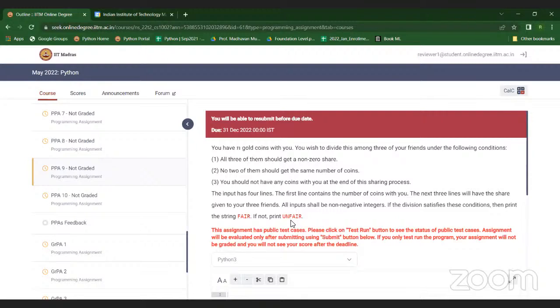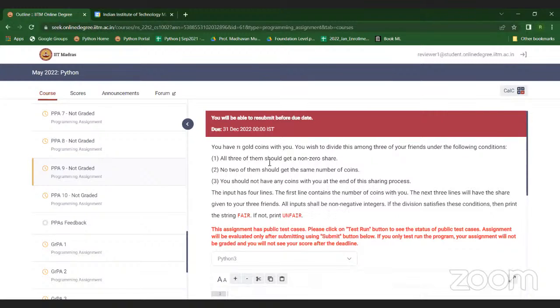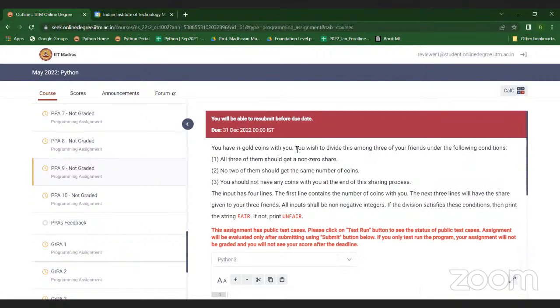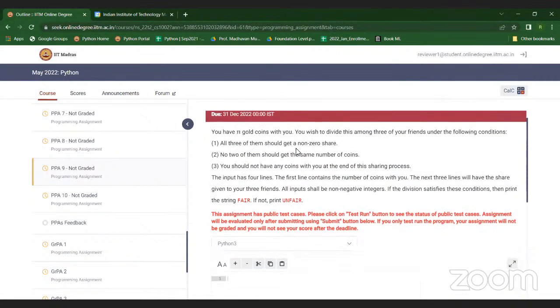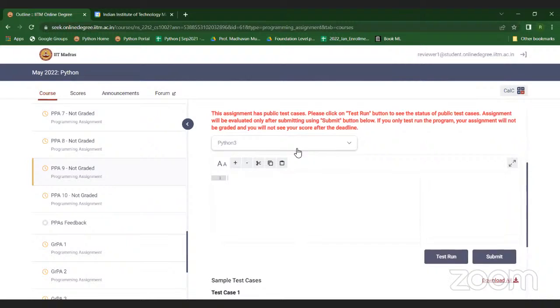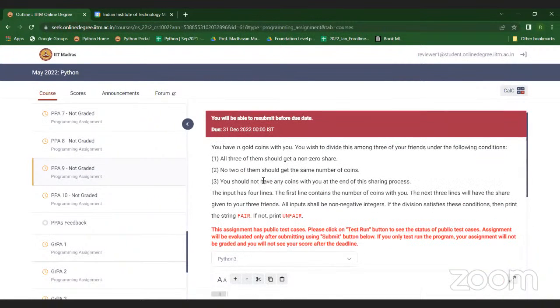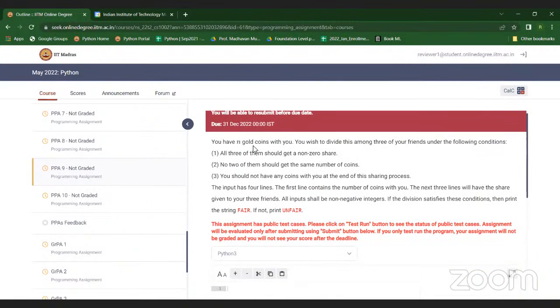So what they're saying is, let's say I have 10 gold coins. I want to distribute that to my friends. The distribution should follow these conditions. Everyone should be getting a non-zero share.